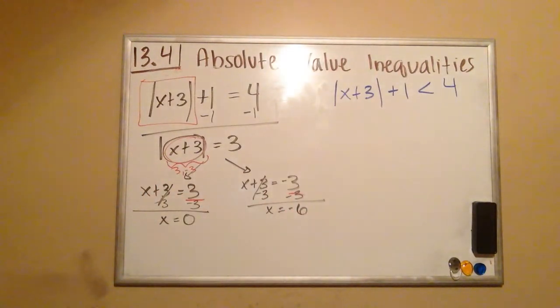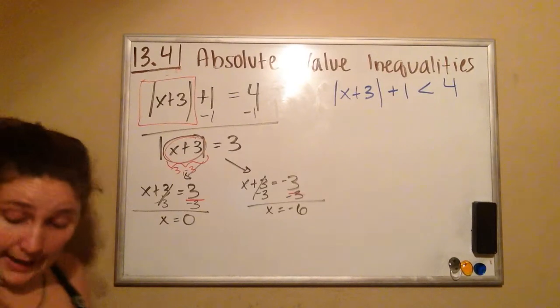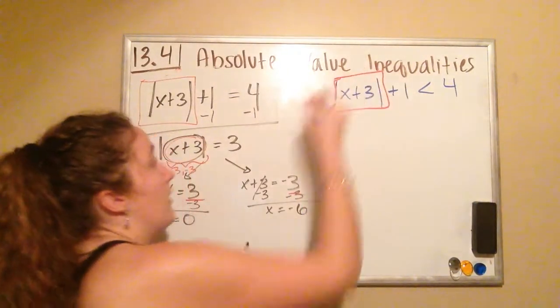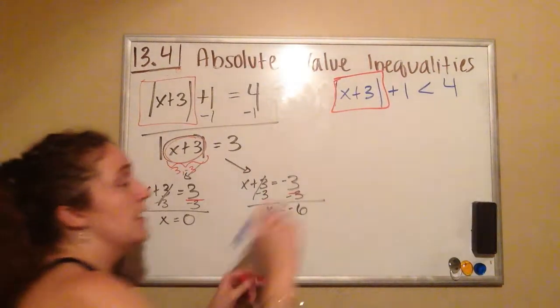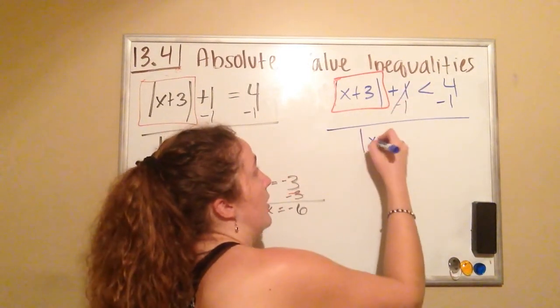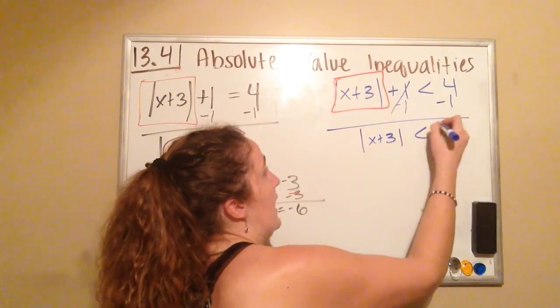All right, and there's your two answers there. Let's see what happens with the inequalities. Still have to isolate the absolute value. That stays the exact same, right? You're going to subtract 1 to get the absolute value by itself, which it now is.